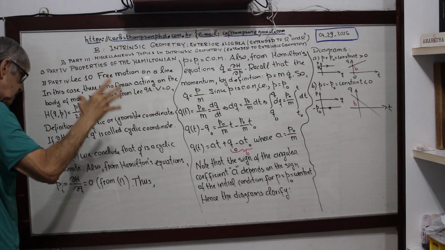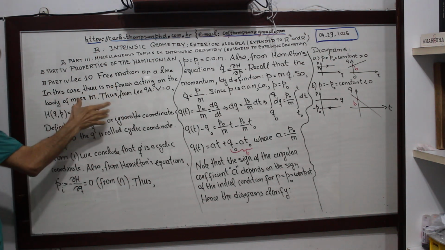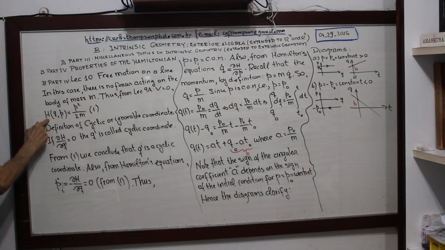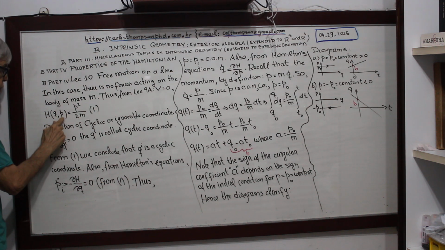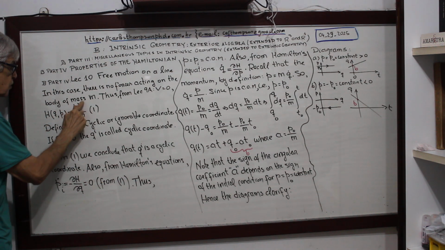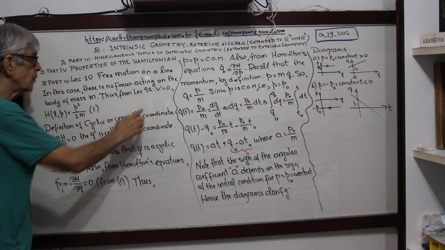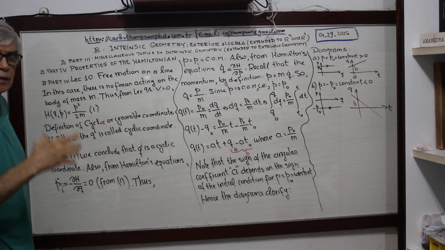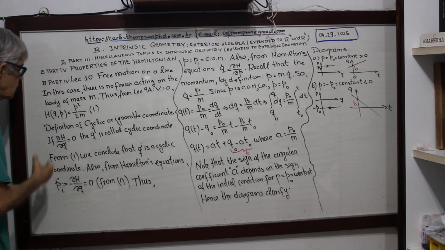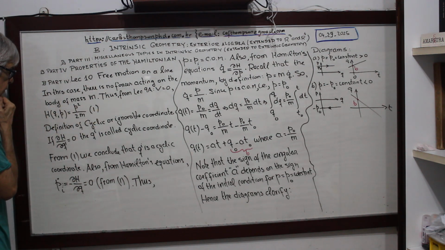So just sit there and then copy from there and write down the Hamiltonian function of q and p. This is p squared over 2m, because again, the potential energy is 0. So this is equation 1.